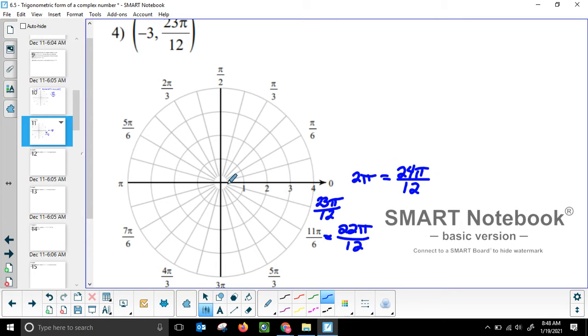So we want to stay on this same line here, but go in the opposite direction. So this would be negative 1, negative 2, negative 3. We would actually be right here, which is also the same as making this positive and subtracting pi from this. So either way that you want to think about it.